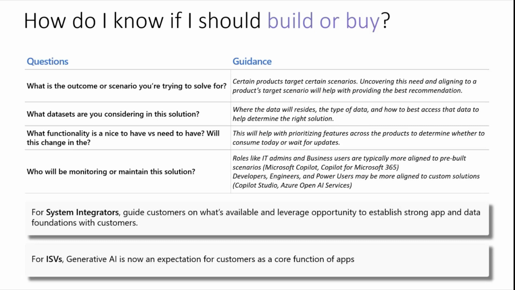Pre-built agents usually solve over 70 to 80% of standard requirements, while the custom must-have capabilities may not exist in an off-the-shelf product. Again, who will be monitoring or maintaining the solution? This also you have to check. And then some of the guidance is there, like you have to understand what tools, agent templates, and pre-built solutions already exist.